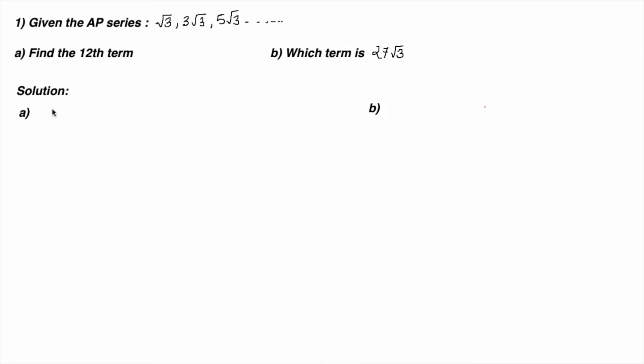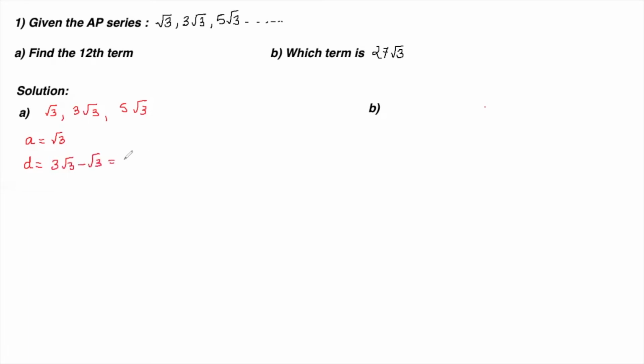The given series is root 3, 3 root 3, 5 root 3, right? And we have the first term A equal to root 3. We can find the common difference from here, right? How can we find the common difference? By subtracting two consecutive terms, that is 3 root 3 minus root 3.